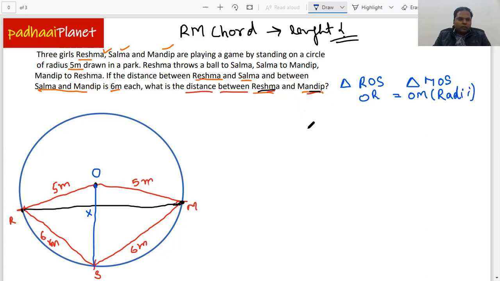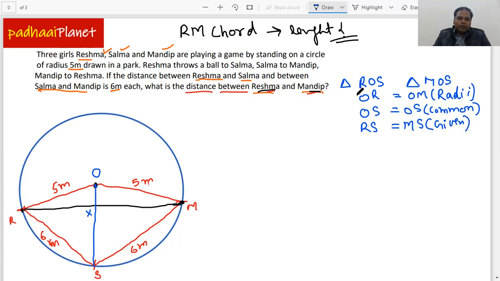We can also say that OS is equal to OS, being the common side of the two triangles. And apart from this, RS is equal to MS, because that's given, and that's 6 meters.